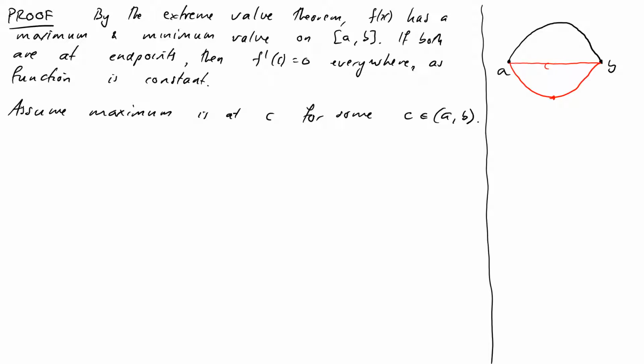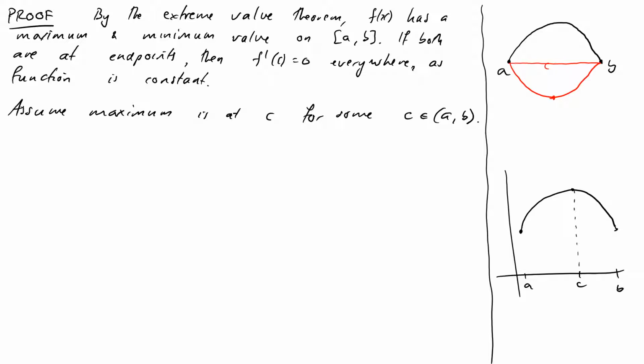Okay, so here's our setup now. We're assuming our curve is this way up, just for the sake of argument. Remember, the function values are the same at the endpoints. Here's a, here's b, and we're assuming our maximum value is here at c.